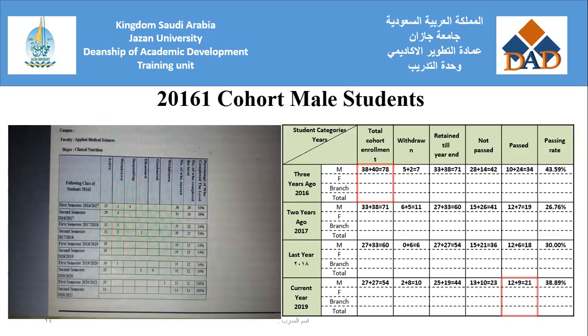This is the 2016 one, meaning the first semester admission sheet, first semester student follow-up. From this sheet, I observed the right side, the number of students started. Here there are 38, which we have taken because these students started the clinical nutrition program in the first semester.